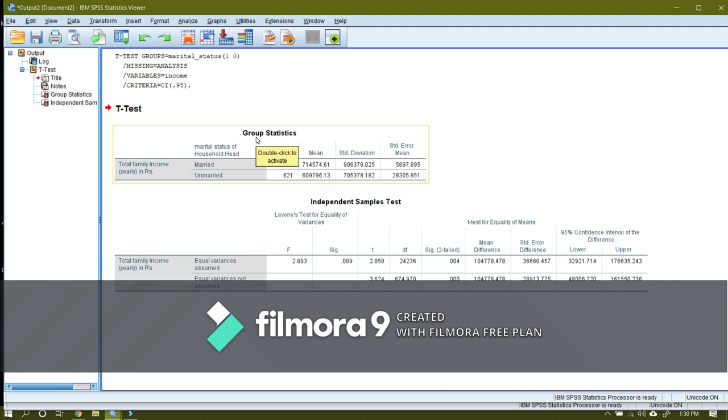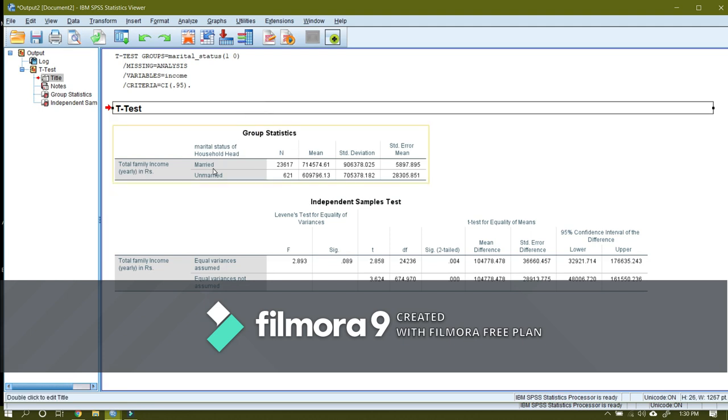Now SPSS gives first the group statistics. This is the yearly family income in Pakistani rupees, and this is marital status. The first row is when the household head is married, and the second row shows when the household head is unmarried, and these are the number of households whose head is married, and these are the number of households whose head is unmarried.